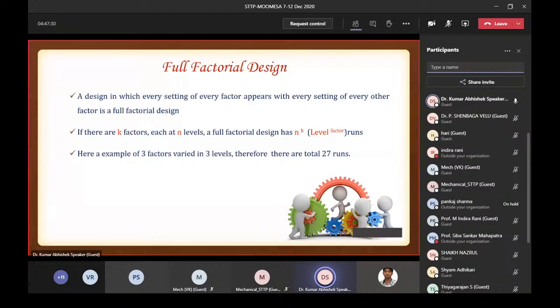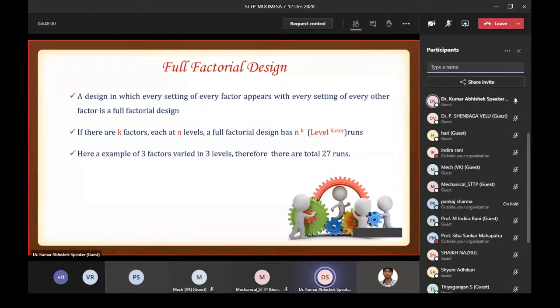Suppose you have 3 levels and 3 factors. Suppose you are doing a turning operation, then the 3 controllable factors assumed are speed, feed and depth of cut. These are the controllable factors that you can set on the machine.